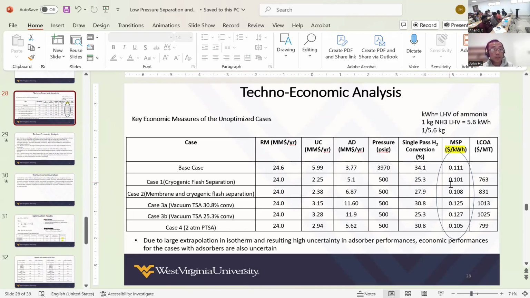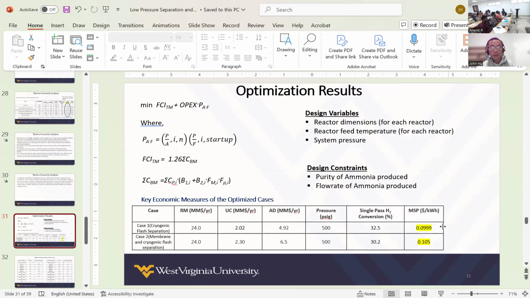And by the way, the three digits after the decimal are accurate, because when we do the simulation, we keep three significant digits after the decimal point. The calculation is very precise; it's not random. You see case 1 and case 2 have been further improved and are lower.